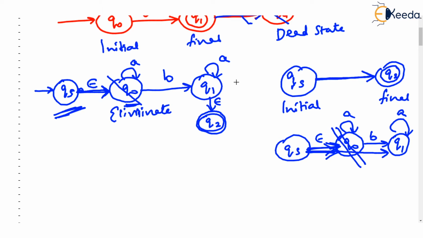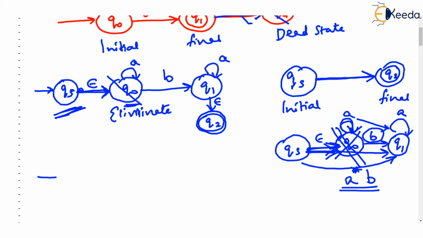What does Q0 generate? It has a simple loop on A, and a loop on A from Q0 to Q0 is nothing but A star. Now this A star is followed by B. That means the regular expression generated if you delete Q0 and want to go from QS to Q1 directly will be A star B.